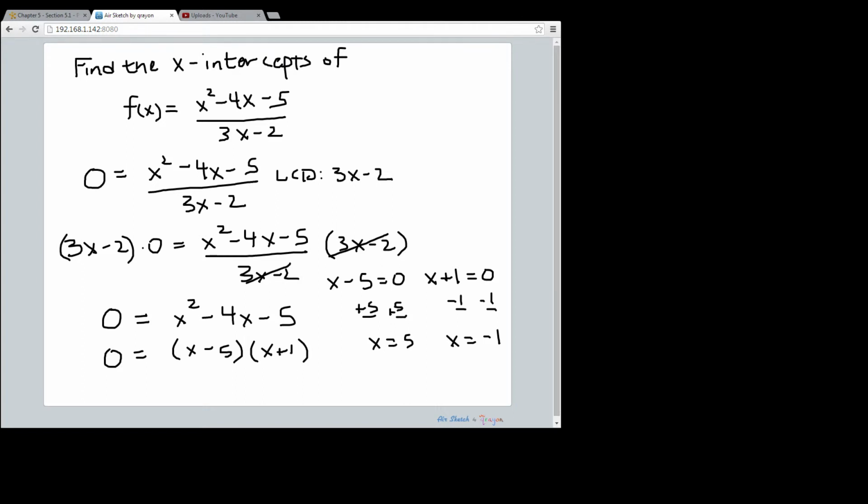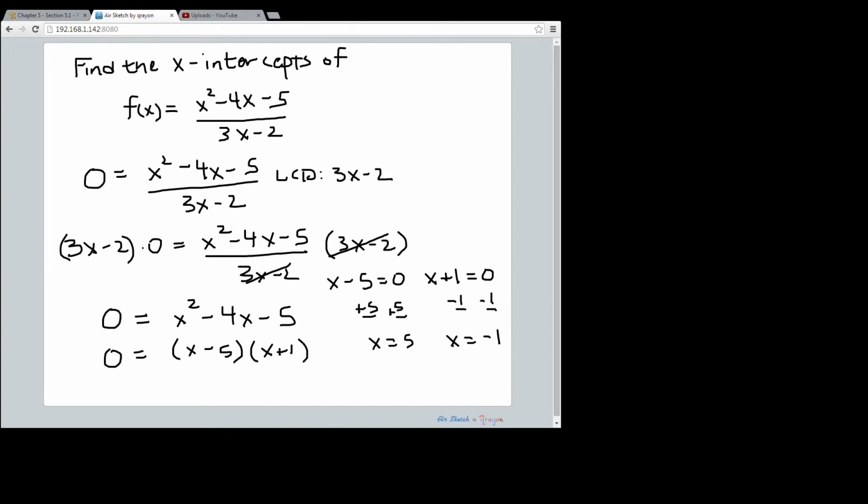So these are the possible solutions of my equation. Like I said, the price you pay for getting rid of the fractions is that sometimes doing that, multiplying both sides by an expression that has a variable in it, will introduce solutions that aren't really solutions. So what I've got to do is go back and check each of these to make sure that they don't make the LCD equal to 0.